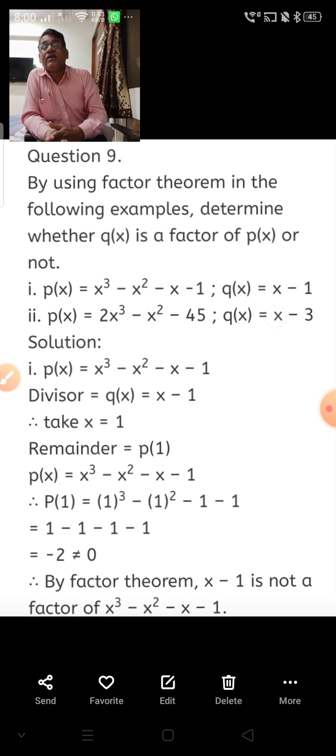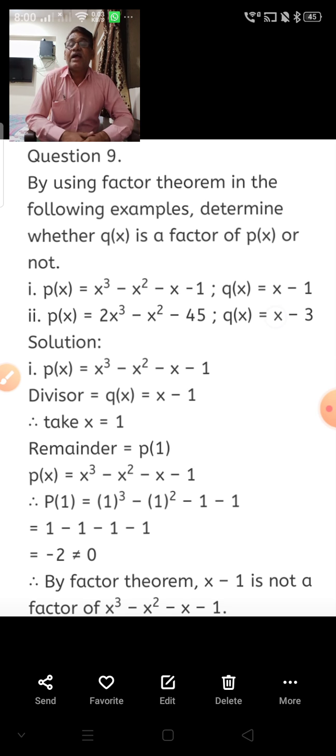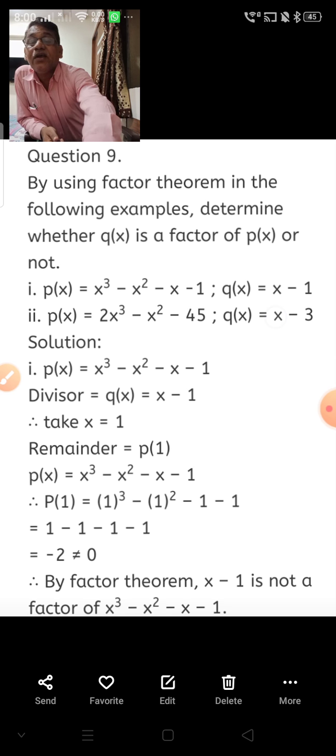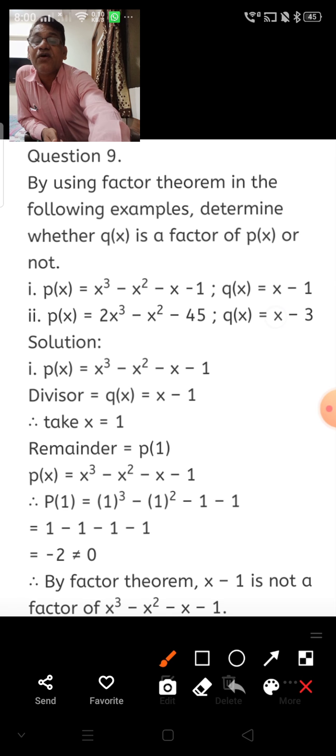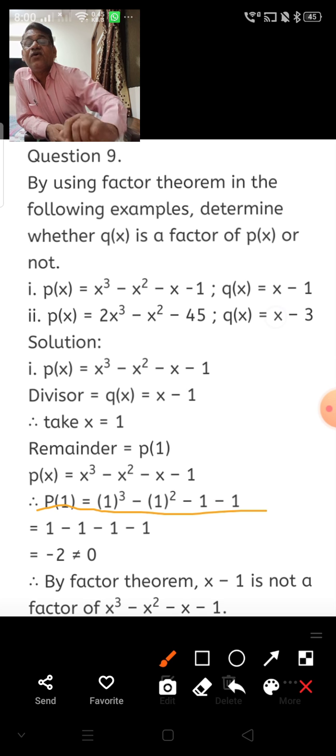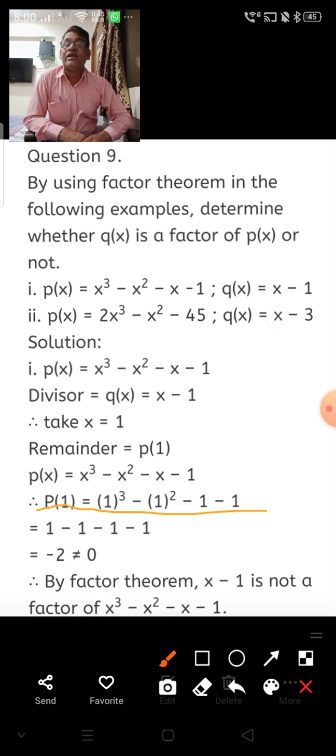Okay, question number 1. See, p of x is given, x cube minus x square minus x minus 1, and the divisor is x minus 1. So take x equal to 1 and find the remainder. Means you have to find p of 1. See, p of 1 is equal to 1 cube minus 1 square minus 1 minus 1.